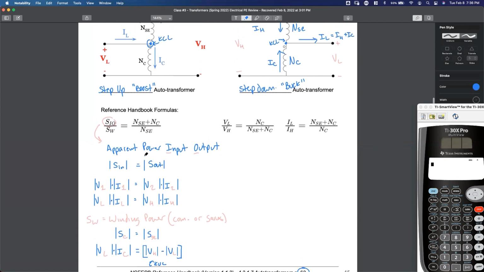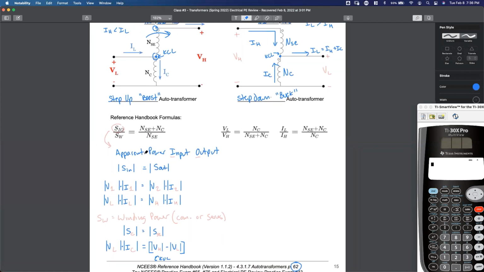In other words, the voltage across N_SE, the voltage from here to here, is going to be the voltage from here all the way down to the bottom minus the voltage at the common node down to the bottom. Will give us just the voltage from here to here. All right, there's our voltage.